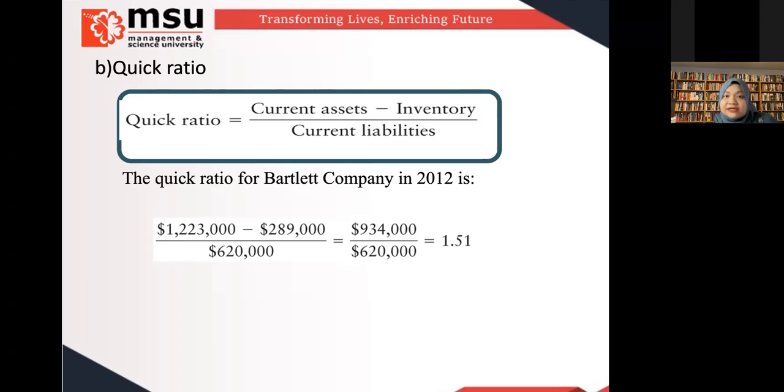So it shows that the Bartlett company is able to pay their short-term obligation for 2012. We take current assets minus inventory, then divide by current liabilities. The quick ratio is 1.51. Is it good? Yes, it's good.